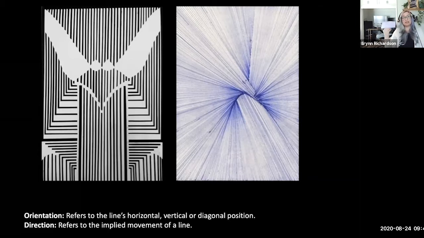So that's just something to keep in mind if you want your piece to feel very lively, like there's a lot of movement, a lot of energy to it, you might use very diagonal lines. If you want something to feel very still, very calm, or if you're trying to give something a very stable feeling, like if you're designing a logo for a bank, you might want to use very vertical, very horizontal lines because it feels stable.